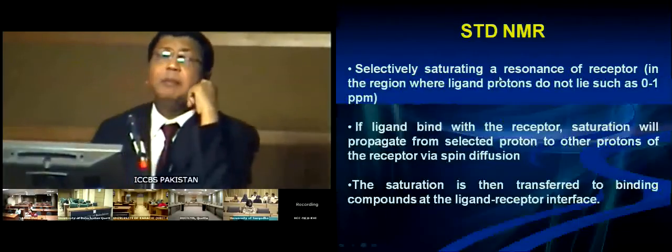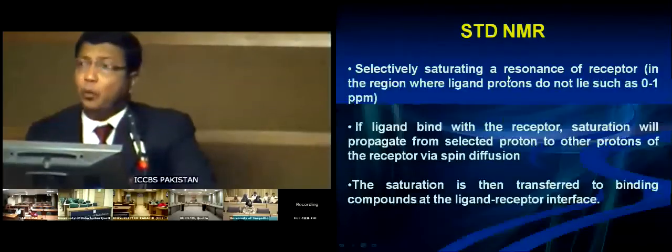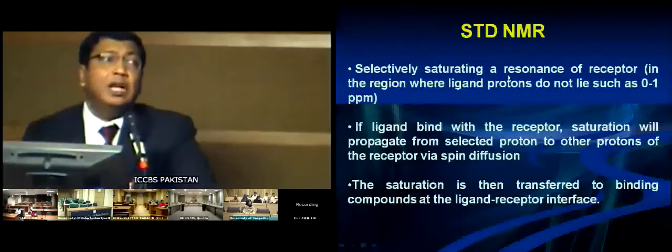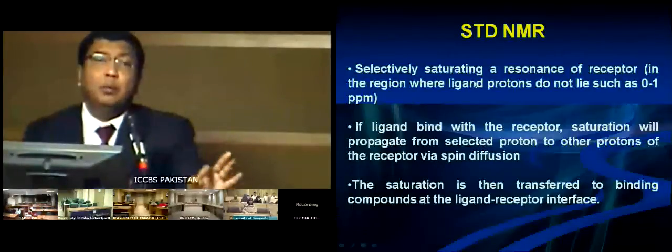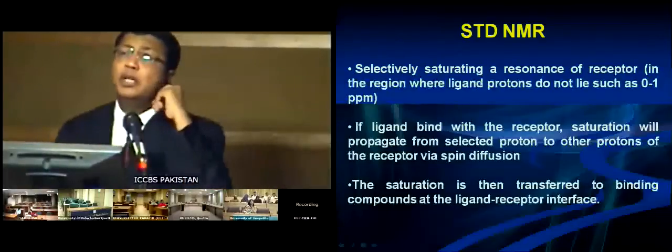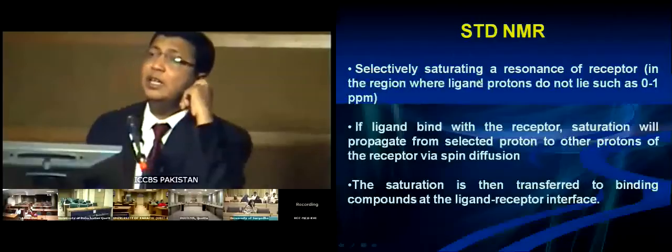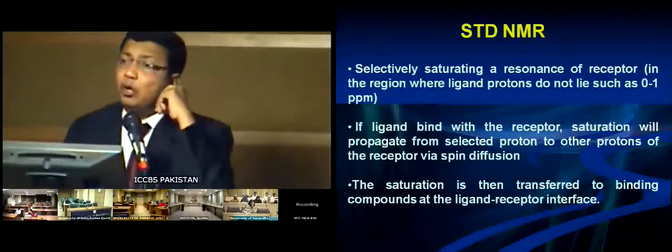So the part of that molecule which interacts with the active site is called the epitope. The part of the small molecule, or part of the ligand, which interacts directly with the active site is called the epitope.